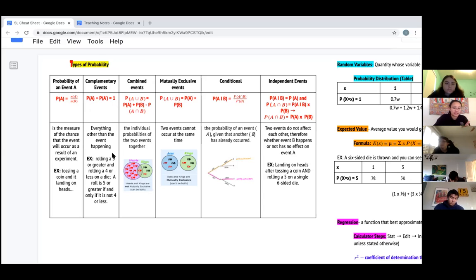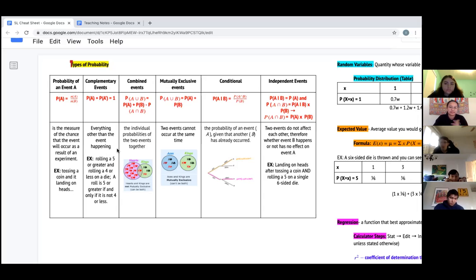Rolling a die is something that's easy to understand for this concept. For example, rolling a 5 or greater or rolling a 4 or less on a die are complementary events, because a roll is 5 or greater if and only if it is not 4 or less.